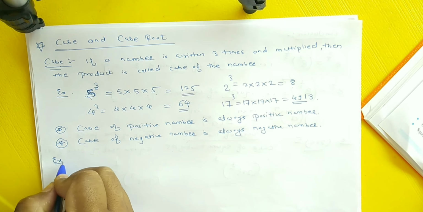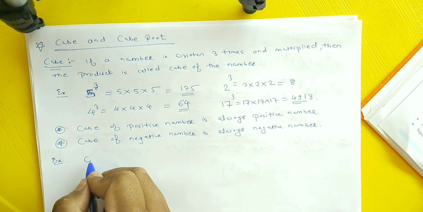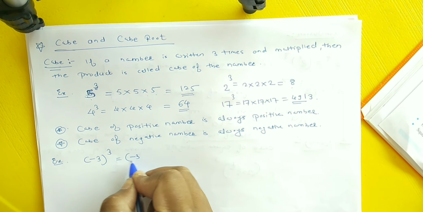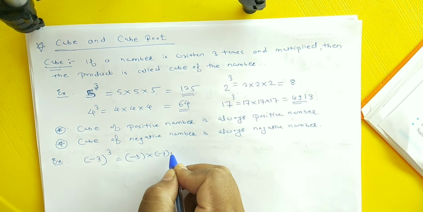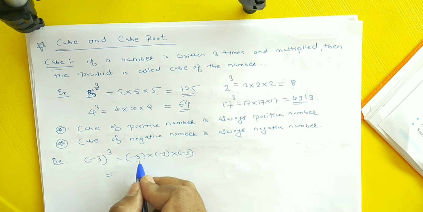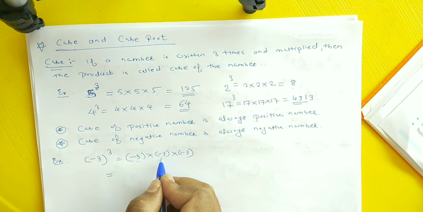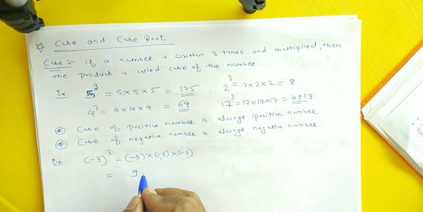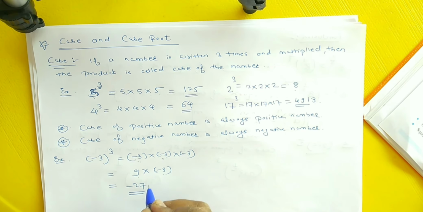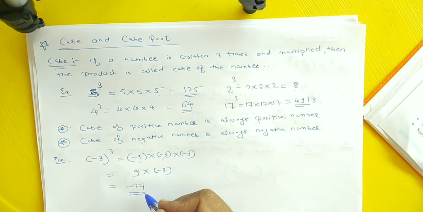Let us consider one example. Suppose the cube of -3, meaning we multiply -3 into -3 into -3. We know that minus into minus is plus, so 3 3s are 9, plus into -3. 9 3s are 27, and plus into minus is minus, so the cube of a negative number is always negative.